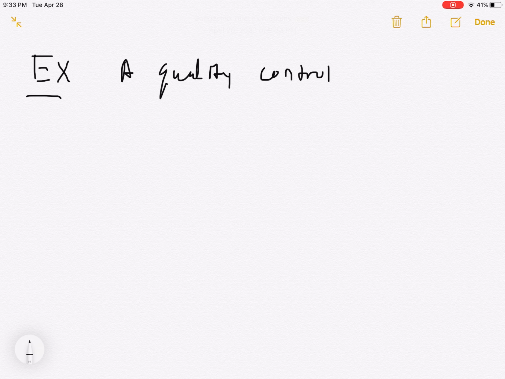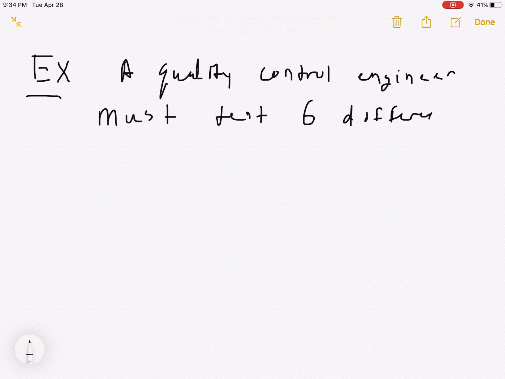Now, let me give you one more example. A quality control engineer must test 6 different electric parts.